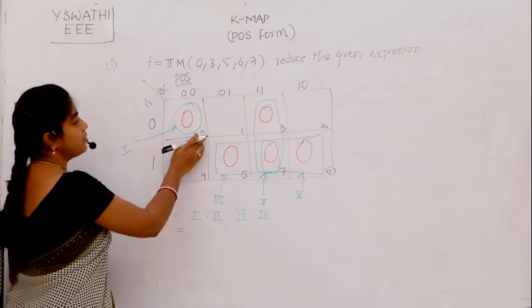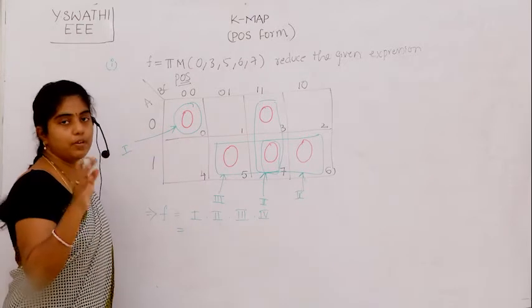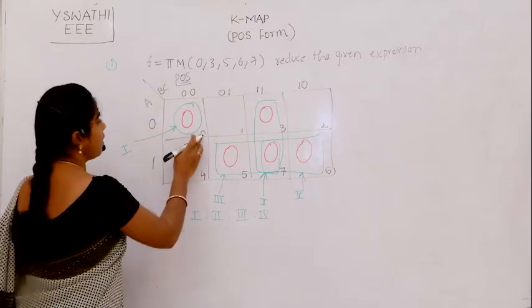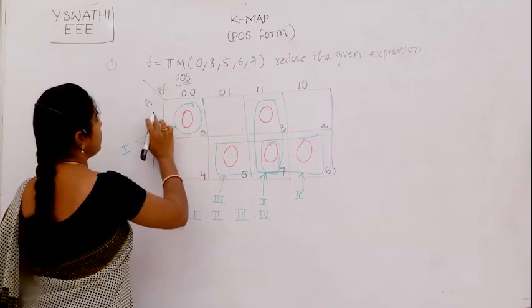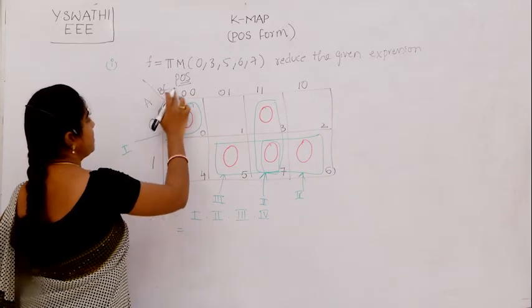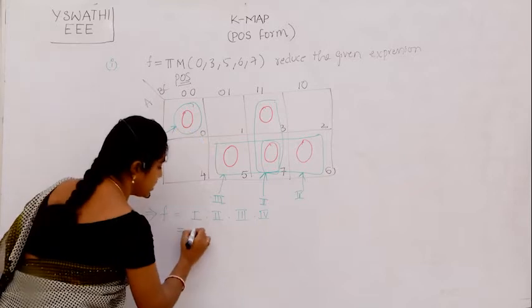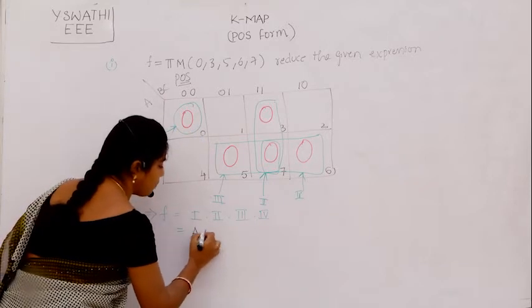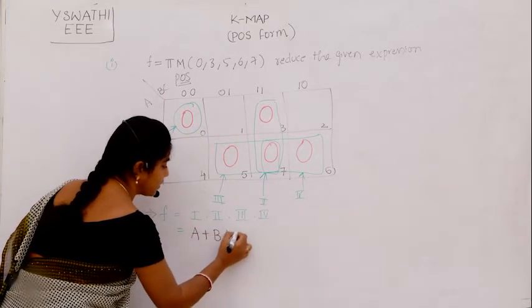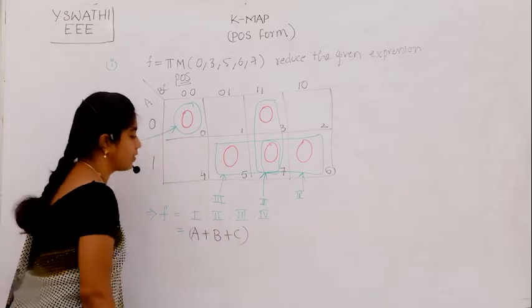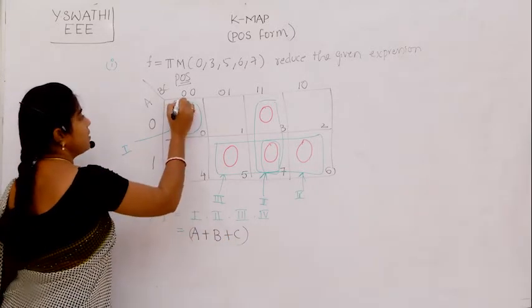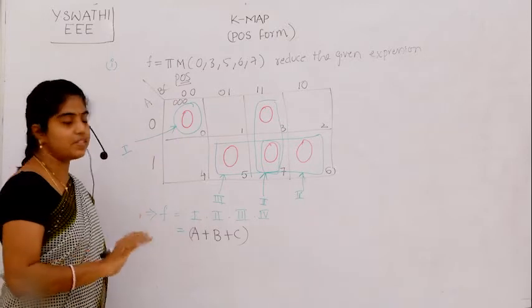Directly we should write M0 because it is not grouped with any other zeros. So what is M0? It is A, B, C as 0, 0, 0. So it is the combination of A plus B plus C.